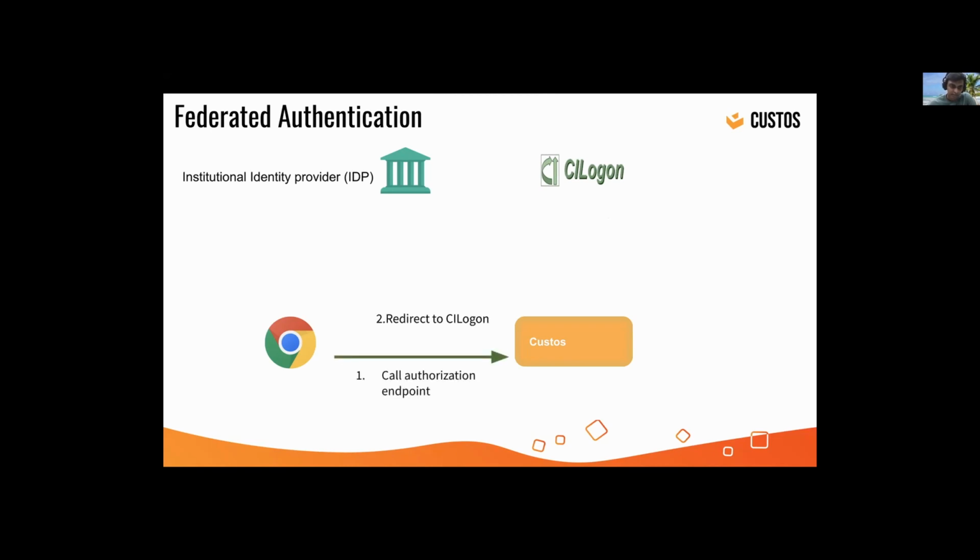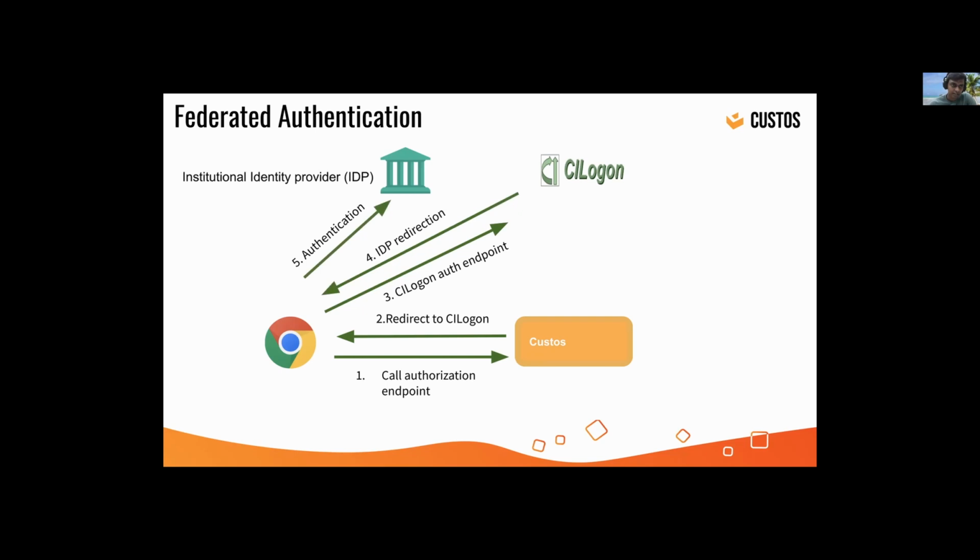As soon as I click the login with institution button, it will call the Custos authorization endpoint, and then it redirects to the CILogon page. From CILogon, we can select the institution, and authenticate by providing the credentials.